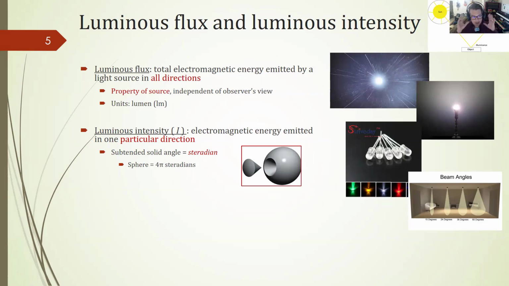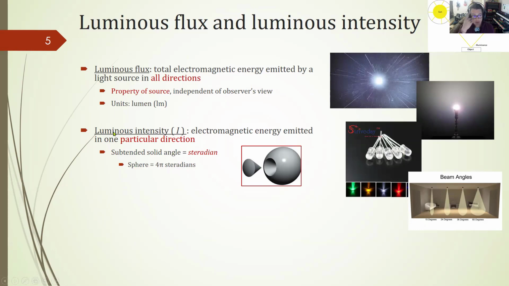So the difference here: lumens in all directions, total luminous flux. Lumens in just the direction I'm interested in. That direction happens to be defined by this geometric term called a steradian, and there's 4 pi of them in a sphere. So this is interesting because if I know this number, and if I can assume that my light source is a sphere, then here is my conversion between the measures of luminous flux, total luminous flux, and luminous intensity.